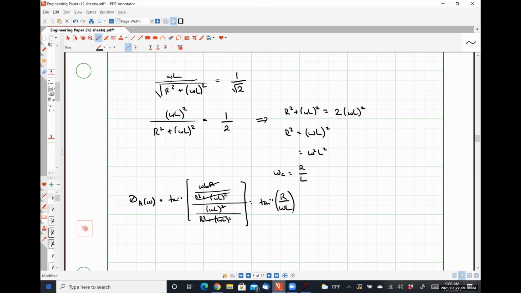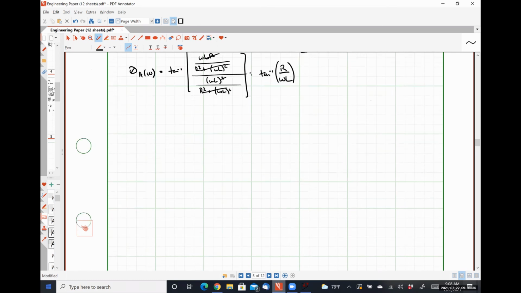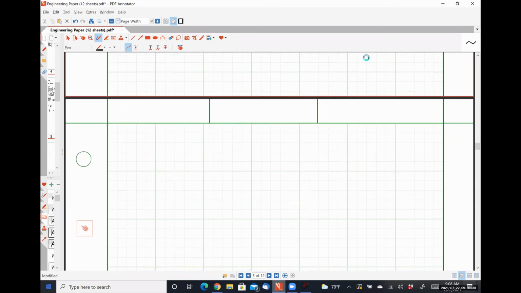Let's not get into this in too much detail, but we put the inductor here, having an impedance of j omega L. We put the resistor here. And we're effectively looking for the voltage drop across that resistor, right?